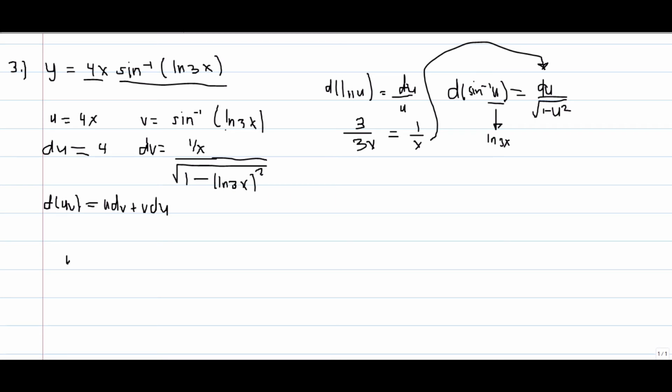So we obtain the first derivative, that is equal to 4x times 1 over x over the square root of 1 minus ln squared 3x, plus 4 sine inverse ln 3x.